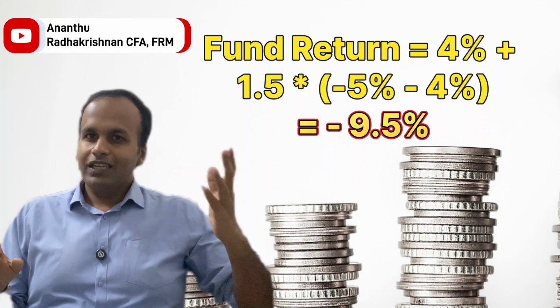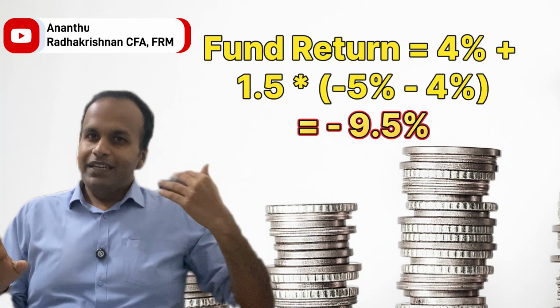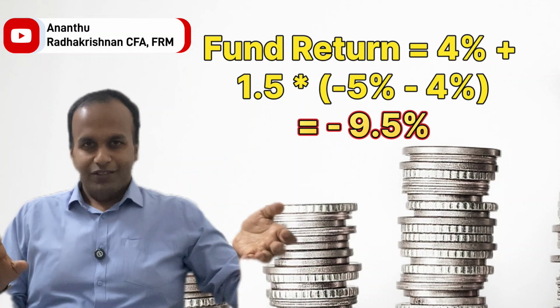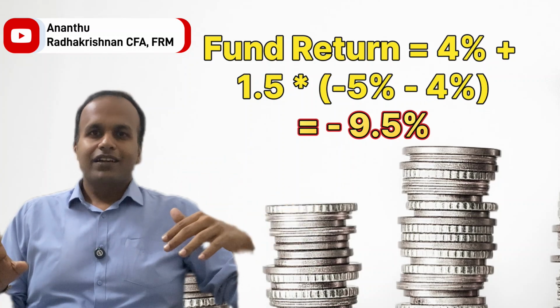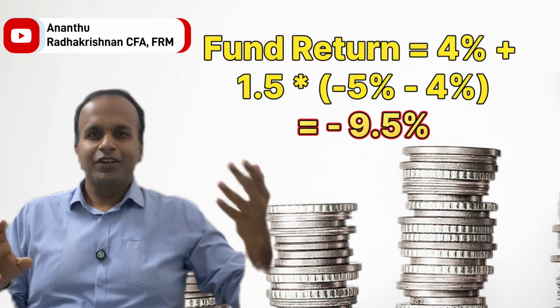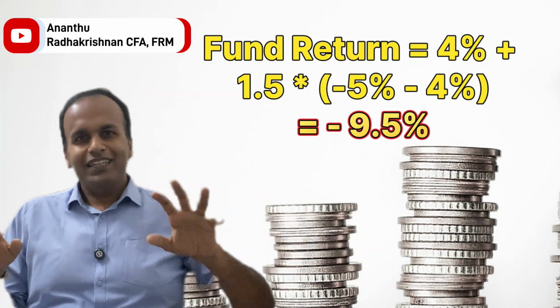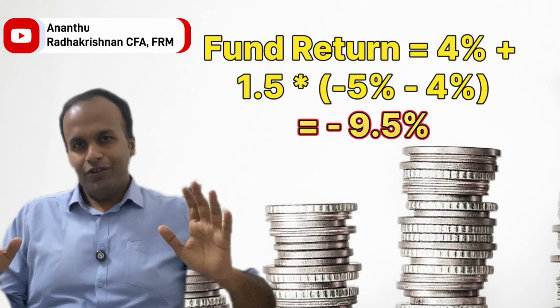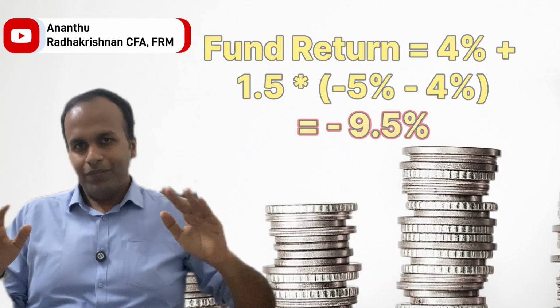When the market goes up and the beta is higher than 1, you get a return better than that of the market. When the market goes down and beta is higher, you get a return worse than that of the market. So beta is more like a leverage kind of thing. If you go for a beta higher than 1, you can expect a volatility greater than that of the benchmark.